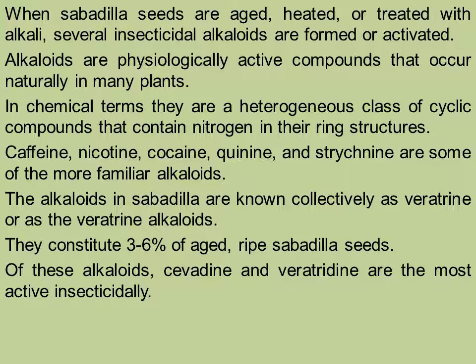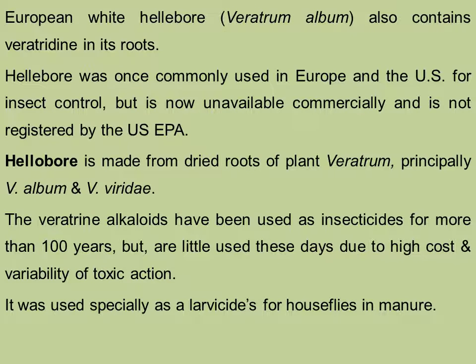Caffeine, nicotine, cocaine, quinine, and strychnine are some of the more familiar alkaloids. The alkaloids in Sabidilla are known collectively as veratrine or as the veratrine alkaloids. They constitute 3 to 6% of aged ripe Sabidilla seeds. Of these alkaloids, cevadine and veratridine are the most active as far as their insecticidal activity is concerned.